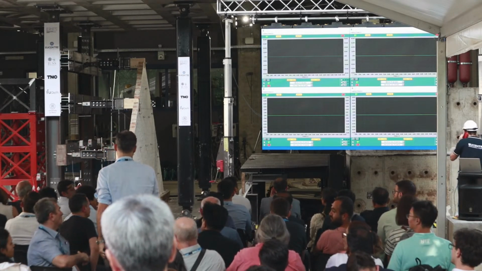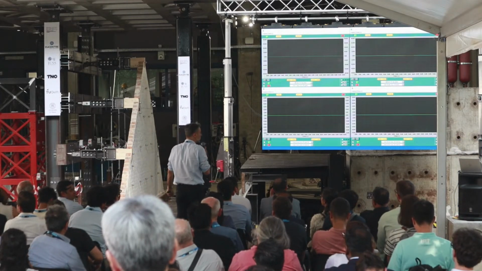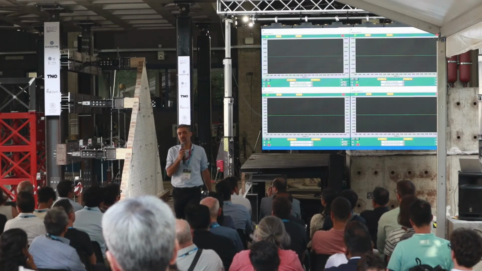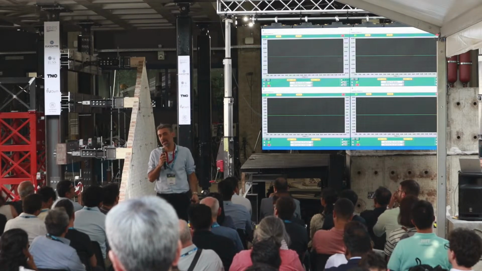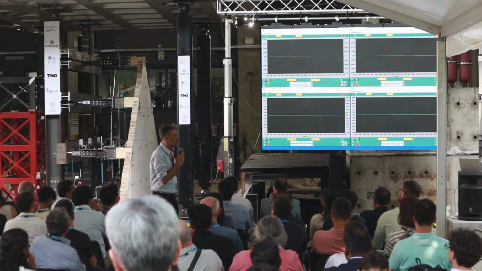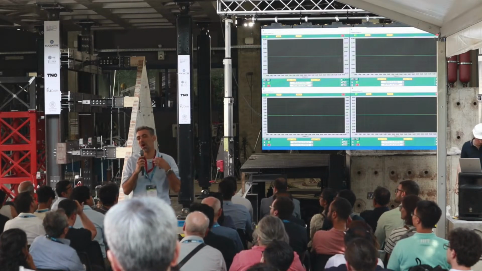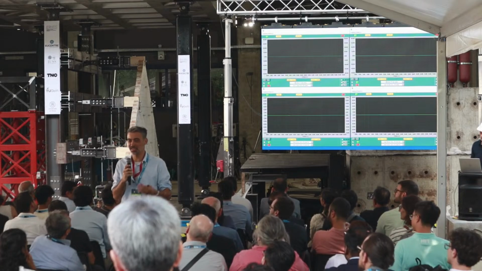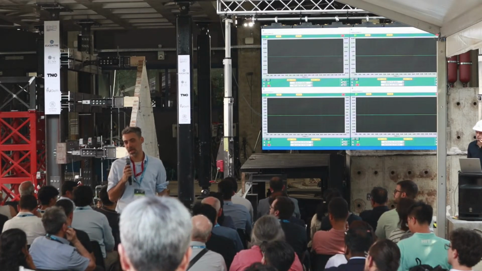Good question. You're right. This should probably be a conservative situation. We don't know how conservative it is. We can estimate it through numerical analysis. But the real motivation is that we wanted to avoid adding uncertainties and complexities in a test like that, which is already very complex.